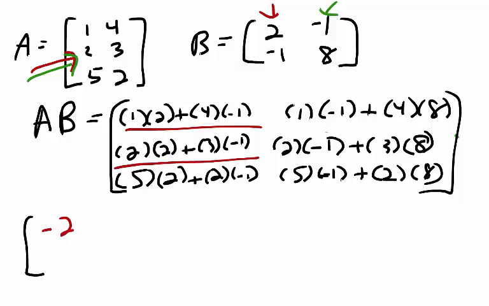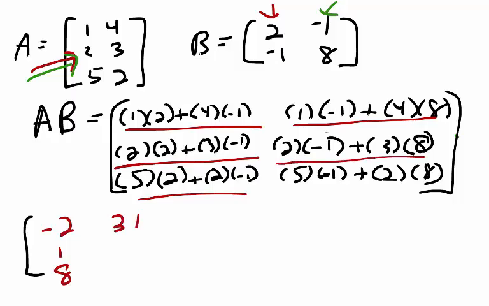Here we have 4 minus 3, so that's 1. Then we have 10 minus 2, which is 8. Here we have -1 plus 32, so that's 31. Then we have -2 plus 24, that gives us 22. Finally, we have -5 plus 16, which gives us 11. Our matrix product.